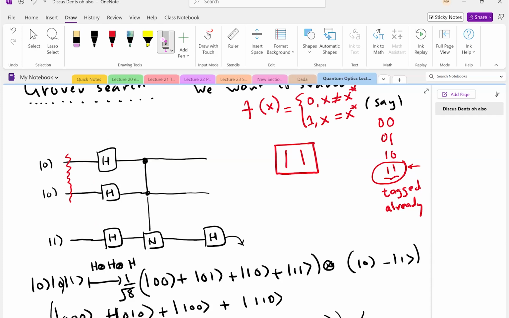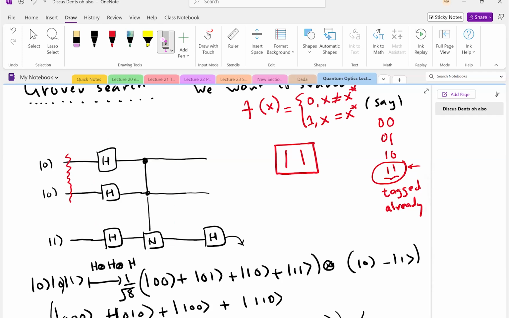And then I implement my version of UF for the Grover search. Now, this circuit that we have over here is called a Toffoli gate. The Toffoli gate inverts the third qubit when each of the first 2 qubits is in the state ket 1. So this is what the Toffoli gate does.